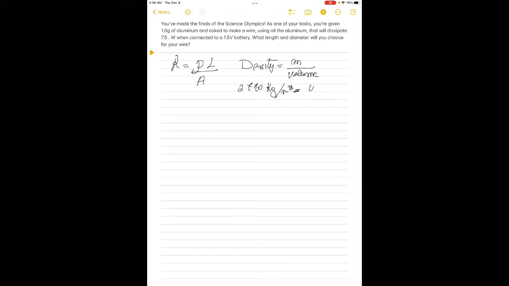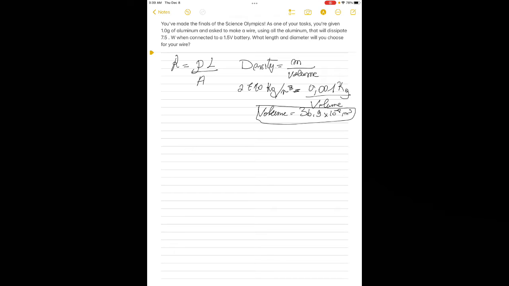So it's 0.001 kilogram divided by the volume. So the volume will be equal to 36.9 multiplied by 10 to the negative 8 meter cube.